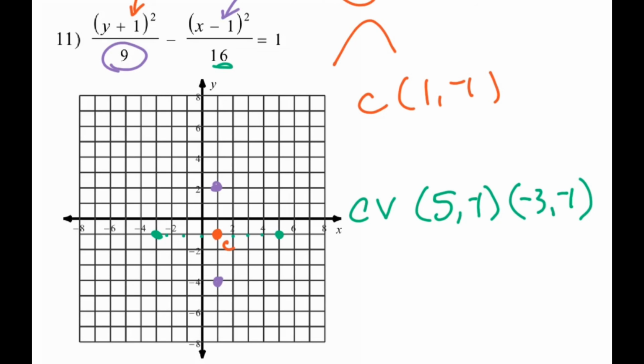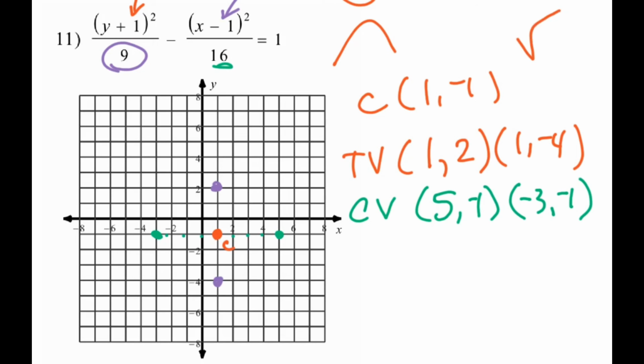And the transverse vertices are going to be at 1, comma, negative 1 plus 3. Again, I know what negative 1 plus 3 is, so there's no approximating. It's going to be 1, 2, and 1, negative 4. If you have it on the graph, obviously you can see that. It's just when you have square roots that you write something like 1 plus square root 29. If you have integers, you're going to tell me what that is.